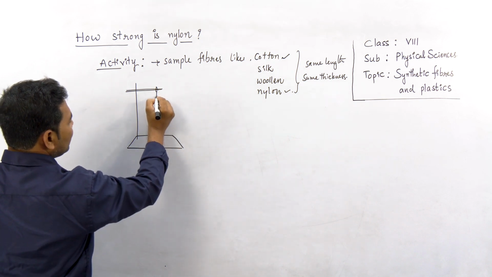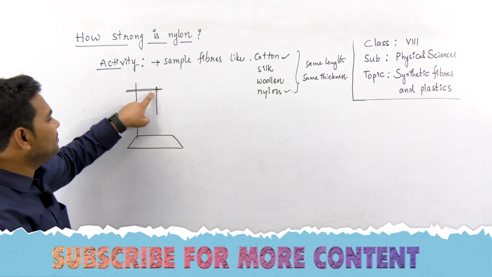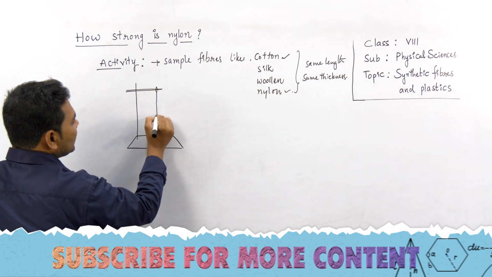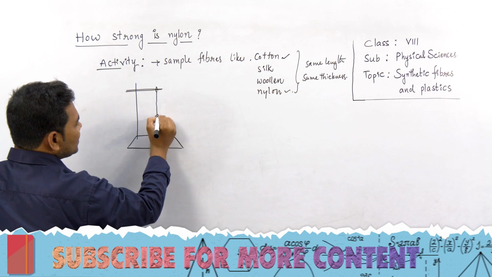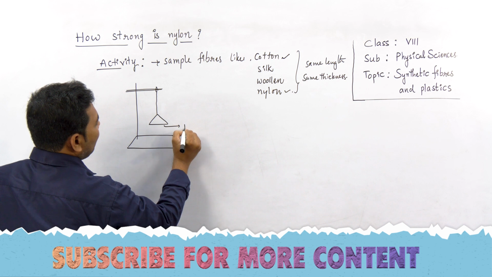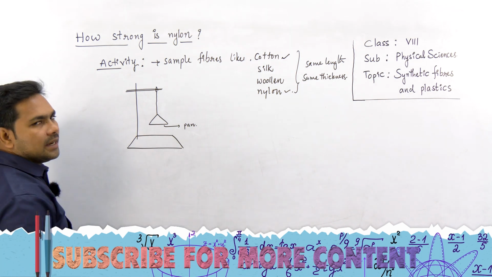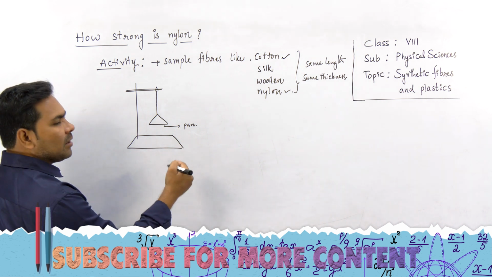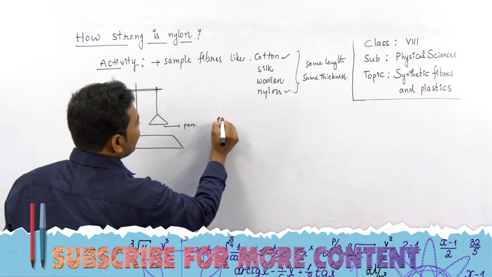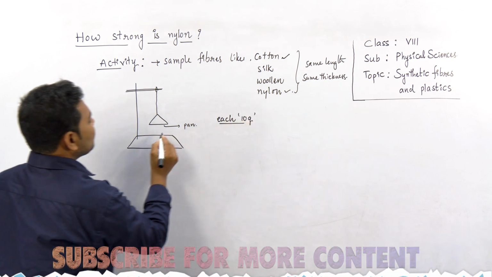First, let us take a cotton fiber. Tie one end of the cotton fiber to the stand as shown in the picture. Now, using the same cotton thread, let's arrange a pan for placing some weights. Now, in this pan, let us place weights one by one, each of 10 grams.